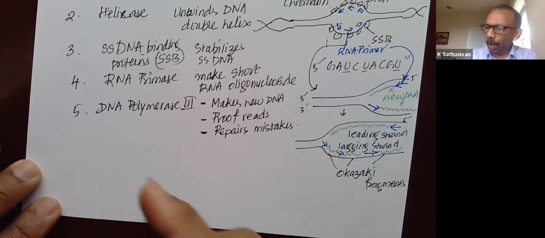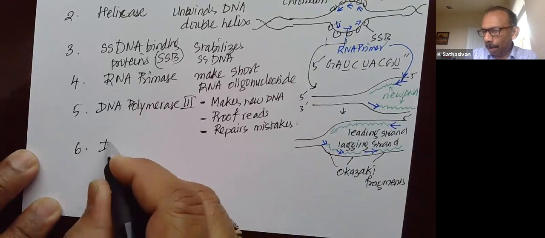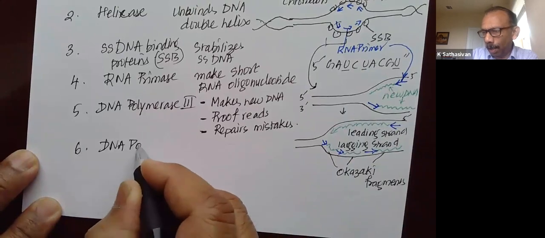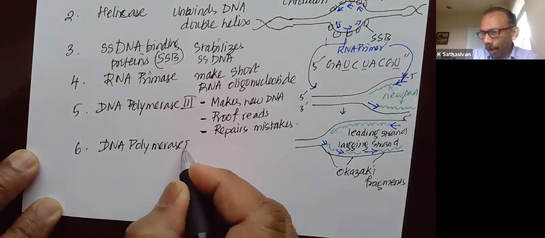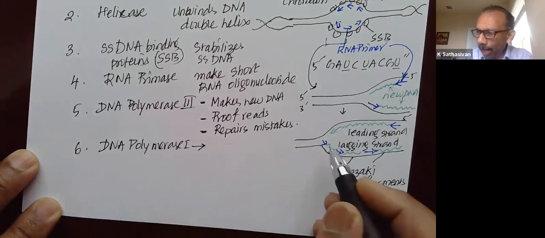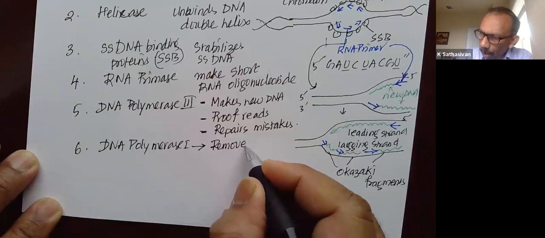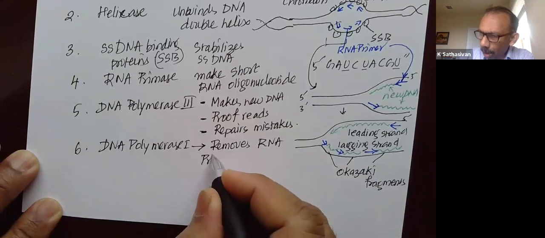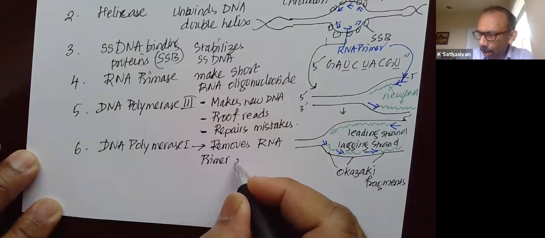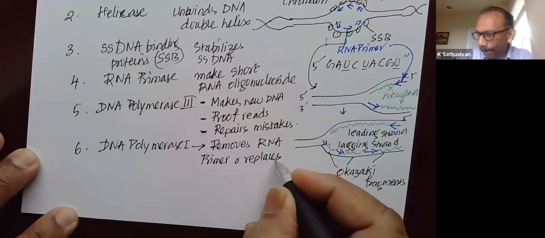To continue on the same thread, DNA polymerase 1 comes in, because now we have a mixture of RNA and DNA. This one removes the RNA primer and replaces it with DNA.